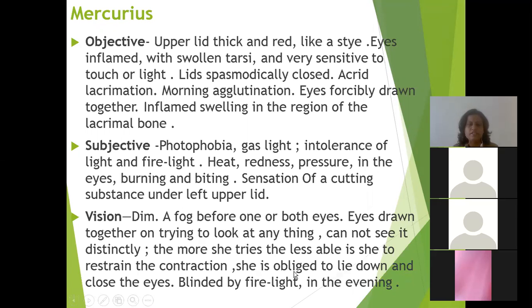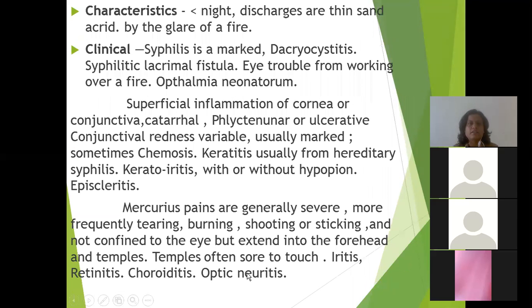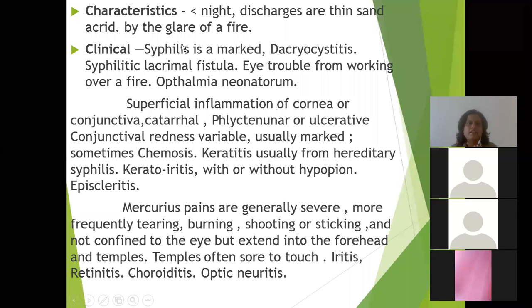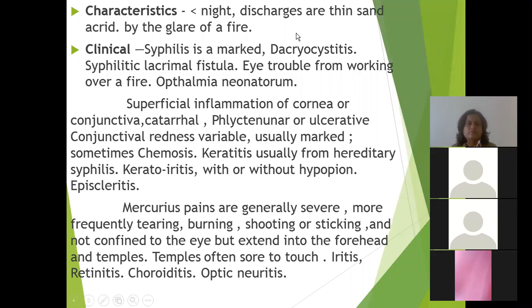She is obliged to lie down and close the eyes, and is blinded by firelight in the evening. A characteristic is aggravation by night. Discharges are thin and acrid, and imply the glare of a fire.